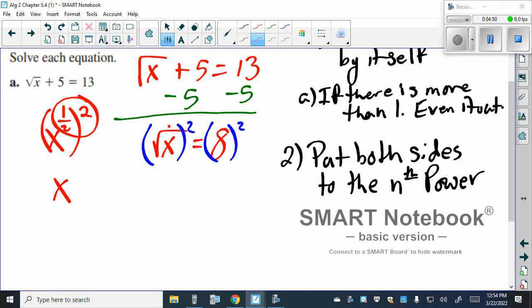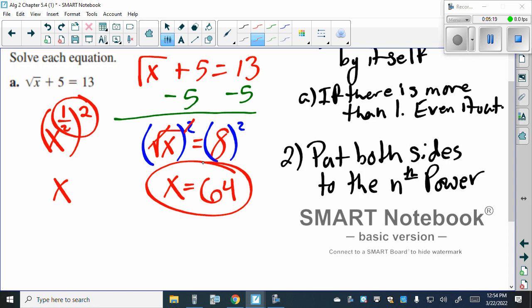But as we like to use our shortcut, we're really just saying that the square root and square cancel, which tells us x is equal to 8 squared, which is 64. And that's it. Now, do we need to add the plus and minus with the 64?